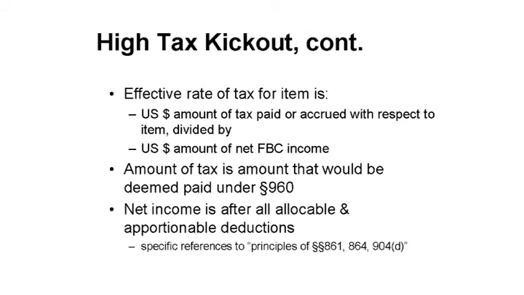As with the basketizing rules, determining the effective foreign tax rate requires more effort than I just mentioned. For details on the process, see the video on Section 902 linked here and the regulations shown here.